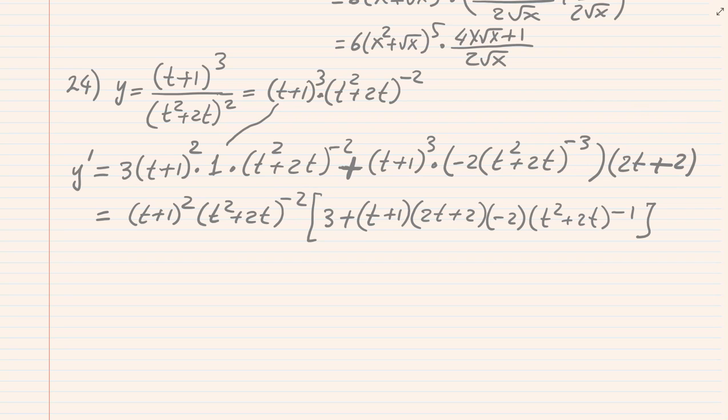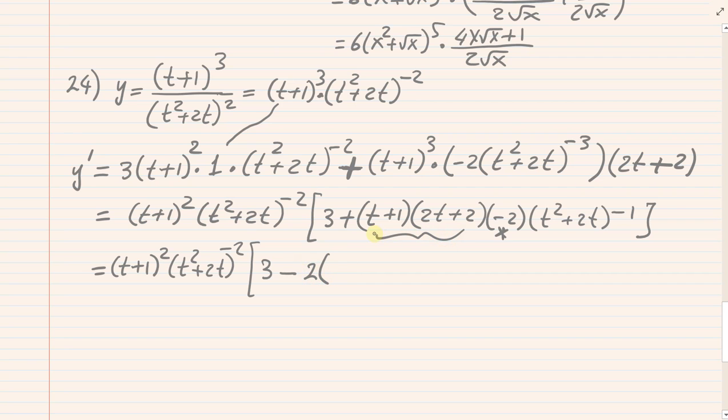All right, let's simplify this thing now. I'm going to keep the front for now and work inside the bracket. Inside the bracket, I'm going to write this negative 2 as negative 2 times, and FOIL this.